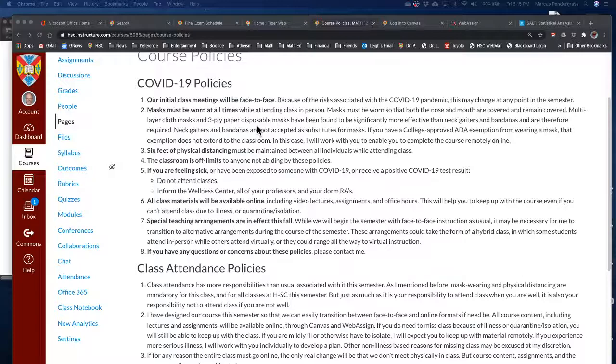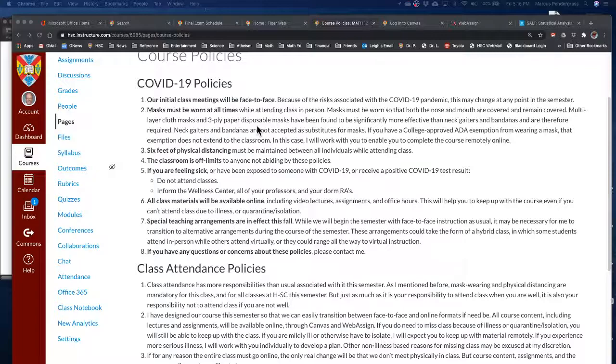Neck gaiters are loose and comfortable, and for that very reason, are not very good at preventing the spread of COVID 19. So, neck gaiters are not acceptable as a face covering in class. And for the same reason, bandanas are not going to be sufficient.